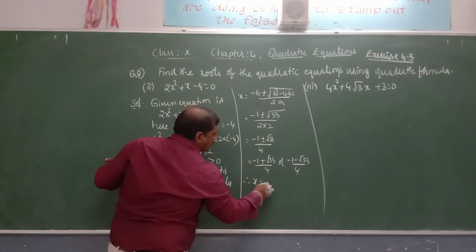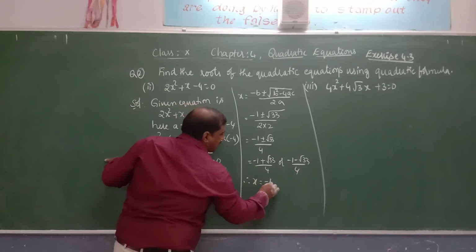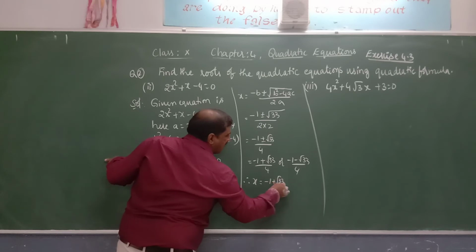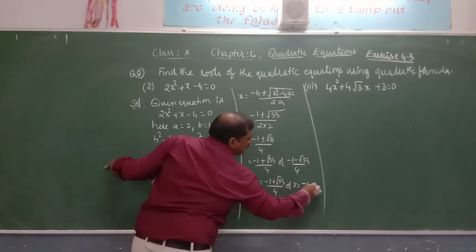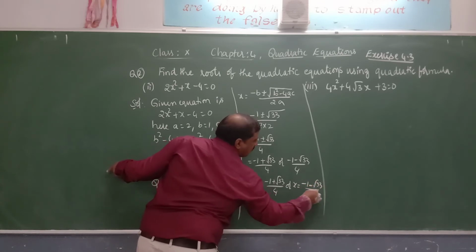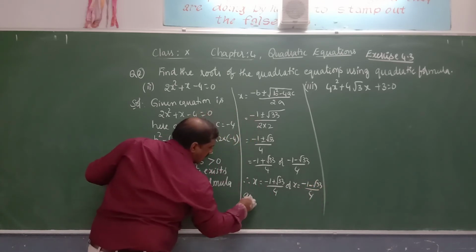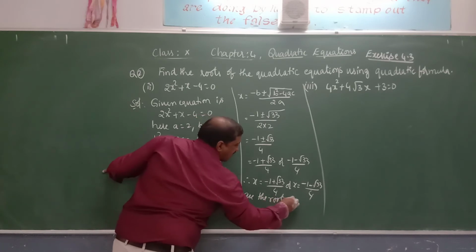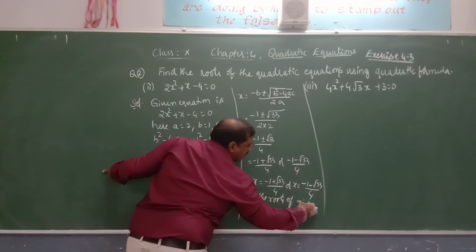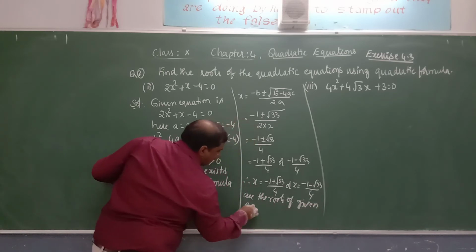Therefore x is equal to minus 1 plus root 33 by 4 or x is equal to minus 1 minus root 33 by 4 are the roots of the given equation.